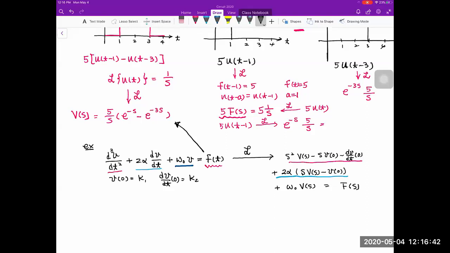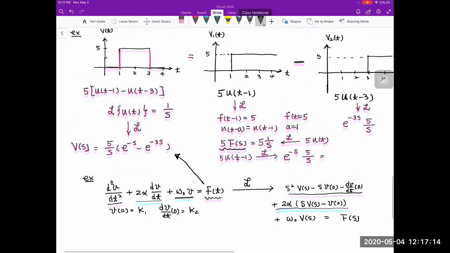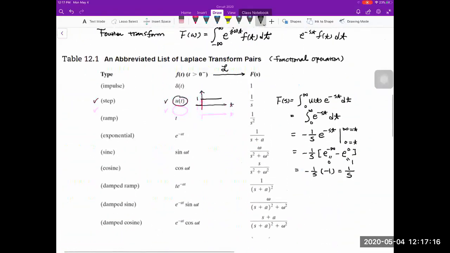And the next time, when we come back from the exam, we will start to actually look at how we apply this to the circuit and how we're going to solve this. The most important part of solving the equation is to simplify the equation into a fraction expansion in simple form, such that you can do an inverse Laplace transform. Because the overall goal is to find the v sub t.